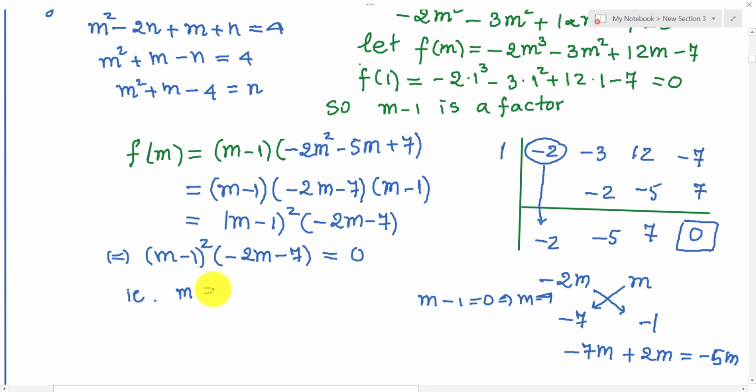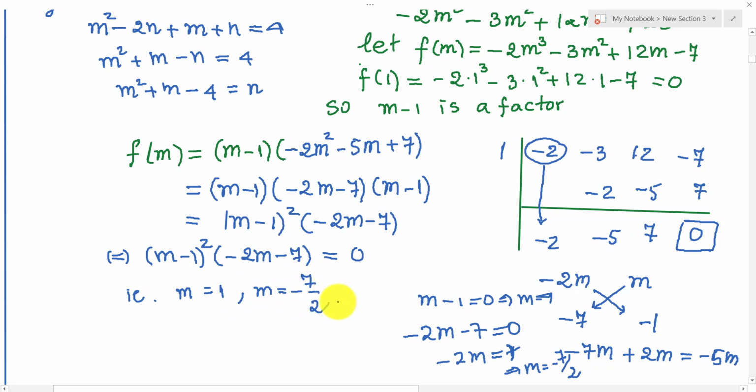Okay, m equal 1, and this minus 2m minus 7 equals 0, we get 2m equal minus 7, and we get m equal minus 7 over 2. Okay, we get m equals minus 7 over 2.